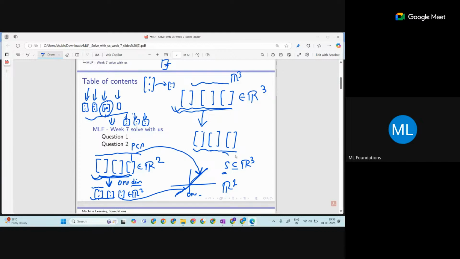Okay, so is this clear? What does PCA do? PCA is kind of reducing the features, without distorting the data points. See, it is not affecting much.